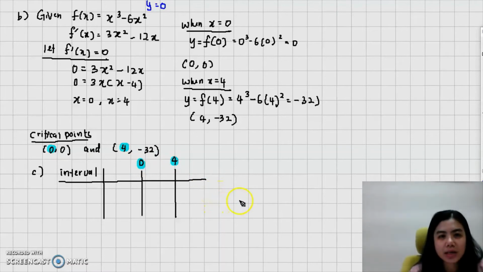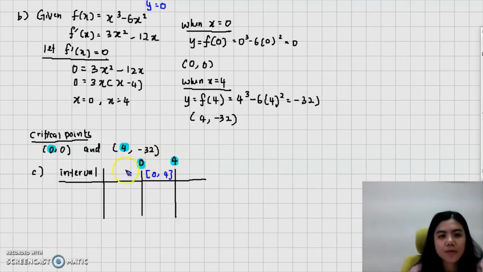So from here, you can form an interval for each column. For the first one, I'm going to do this one first because you have 0 and 4, and this basically is an interval of 0 and 4. It's between two numbers, so you have an interval form like this.